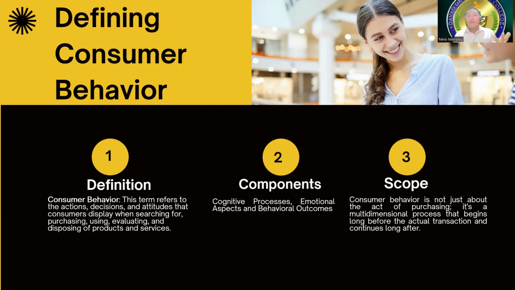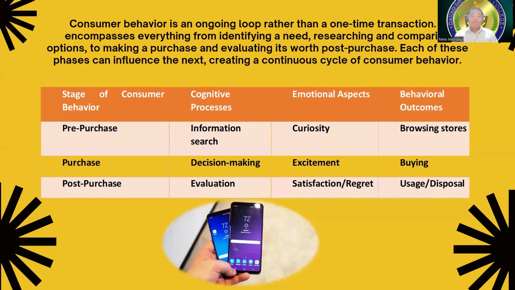But if they are satisfied with the product or service, then a repeat purchase might happen, and they become the brand ambassador or brand advocate of that specific brand or product. All right. So let's continue.